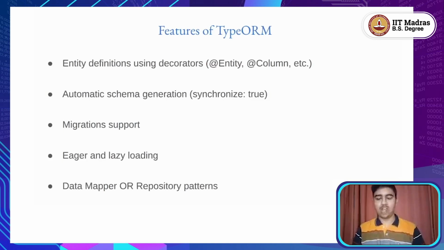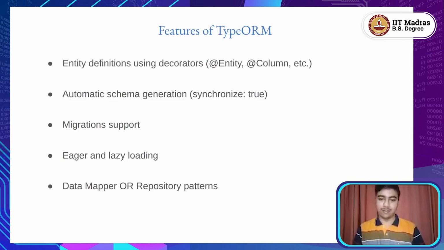Okay, so talking about the features, TypeORM offers a wide range of features that make backend development smoother and more robust. First, it uses decorators like Entity, Column, and PrimaryGeneratedColumn to define how a class maps to a database table. This makes our data model definitions expressive and declarative.